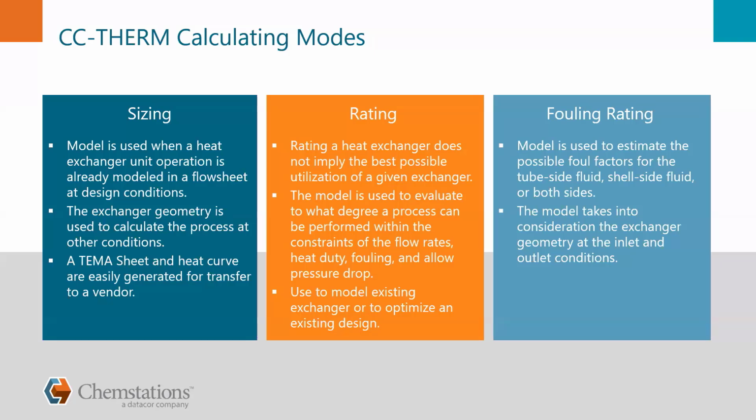Is it being efficient as it should be? Is it taking 95% of the duty just to cool or warm the liquid and only 5% to condense or evaporate? If that is what has happened, this heat exchanger is not very efficient. So rating gives us the opportunity to see what is happening.